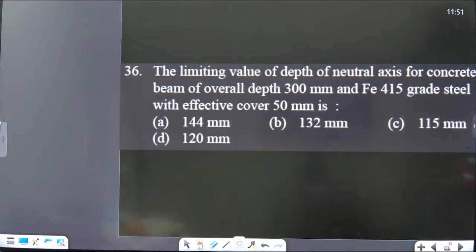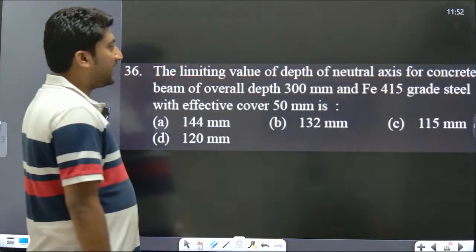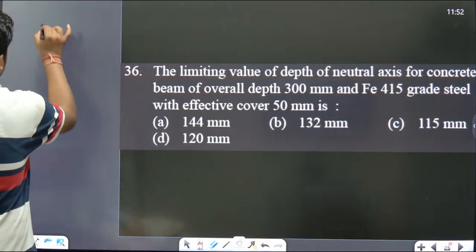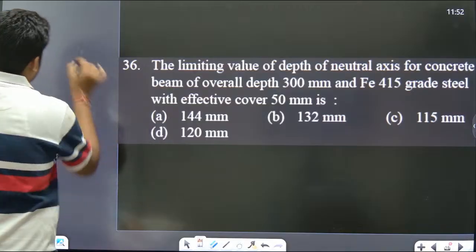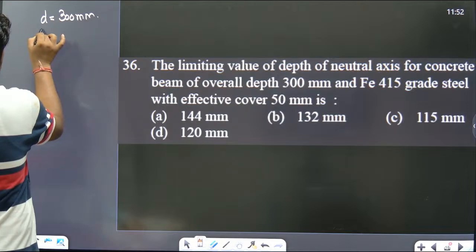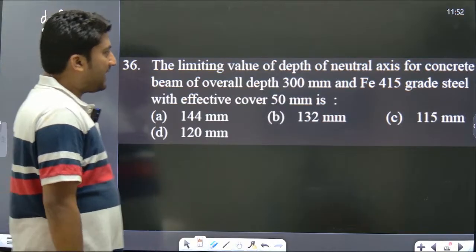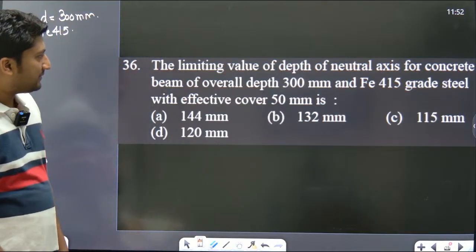The limiting value of depth of neutral axis for a concrete beam of overall depth 300 mm, and the grade of the steel is Fe415.